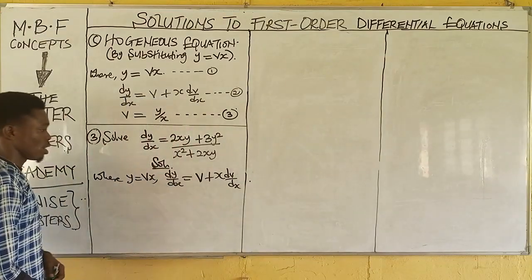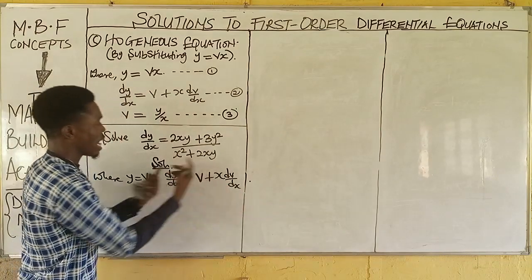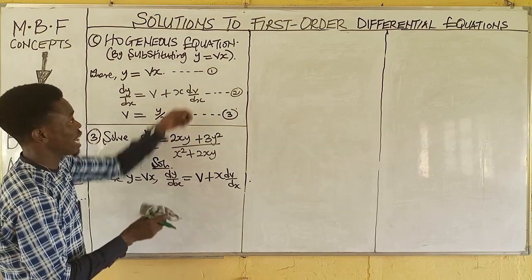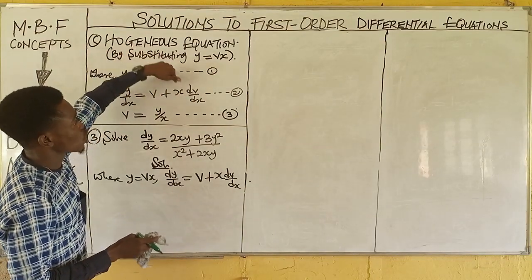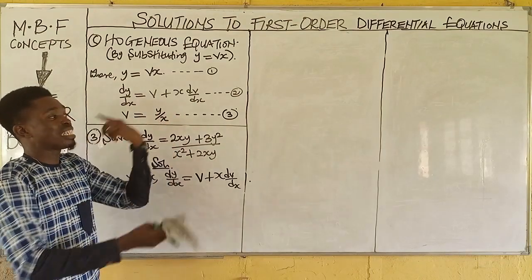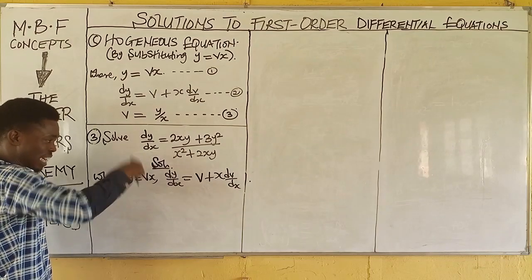It's as simple as this. So we come here and replace dy over dx with this and also replace y with vx, because I explained earlier that you make use of equations 1 and 2 at the same time. You make use of equation 3 when you have already integrated. Are you there? So now we are using equations 1 and 2 at the same time.